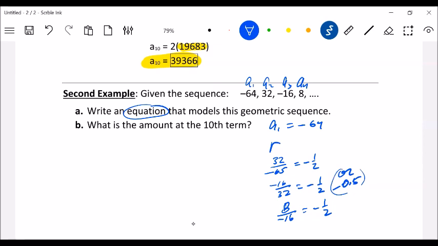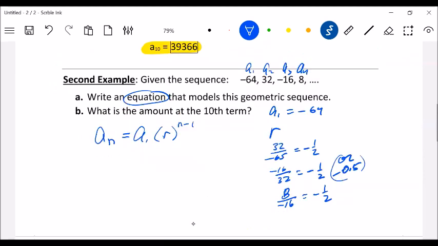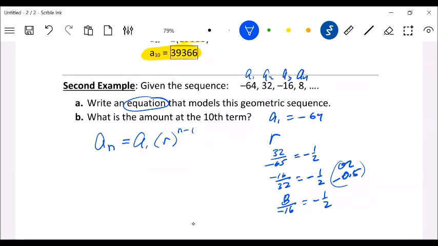So the equation is going to be A_n, we're not used to doing it for the 10, is equal to the amount of the first term, A_1, and then r to the n minus 1. So we know that A_1 is the first term, negative 64.